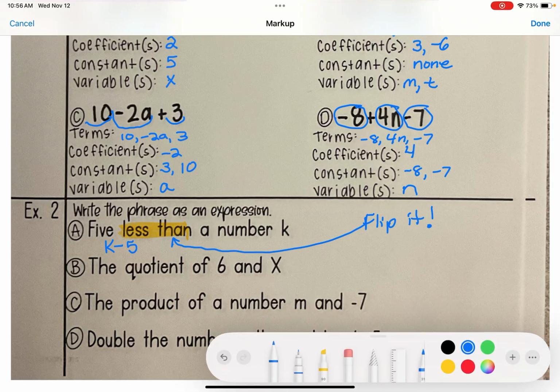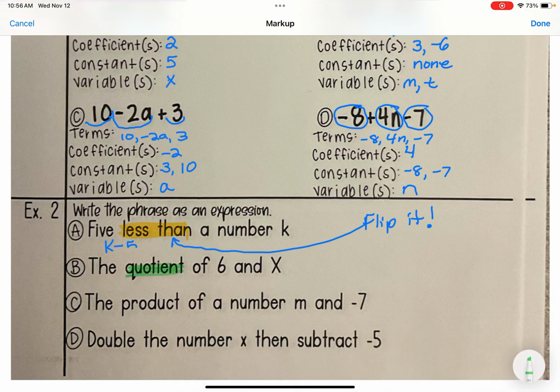B, the quotient. Okay, so quotient is the key word here. All right, let me get my highlighter. All right, so you have this word on your vocabulary card. I'll pull that up in a minute, but for right now, quotient is the answer you get when you divide something.